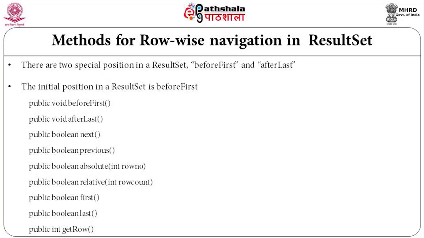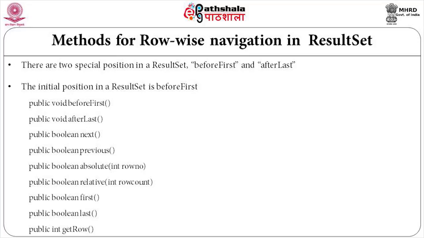That way you can use the absolute method to move to any specific row by row number, from the beginning or from the end. The relative method moves forward or backward from your current position by giving a positive or a negative value. So absolute and relative can take you to any row.